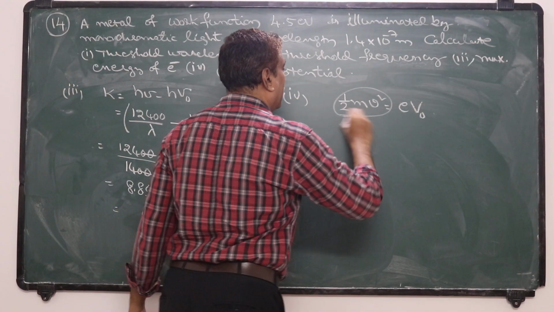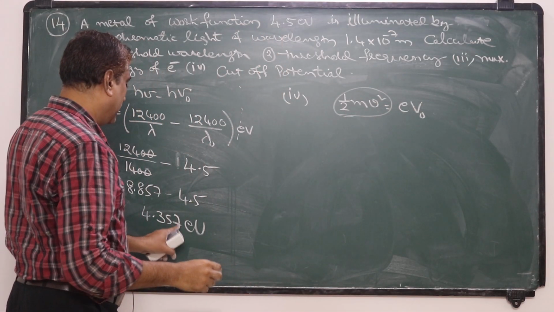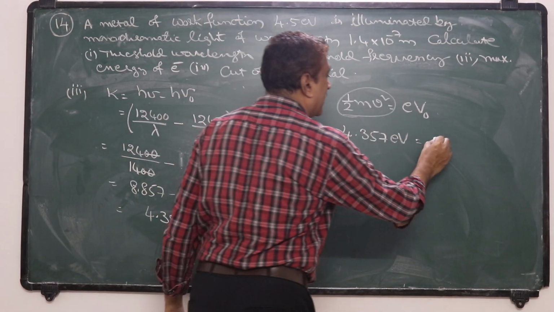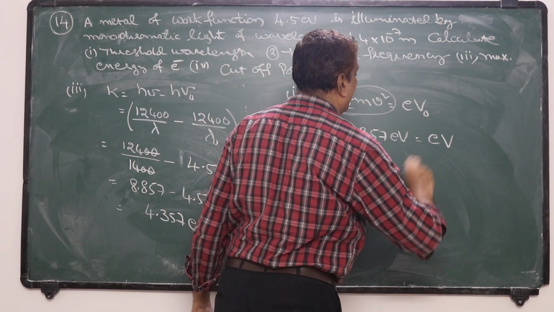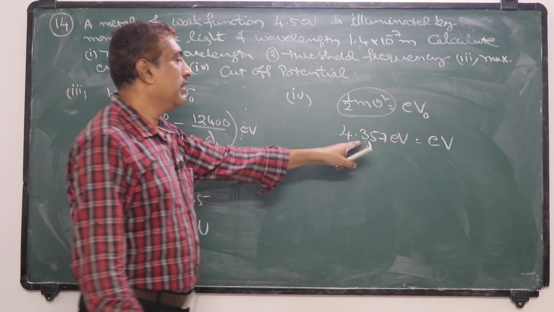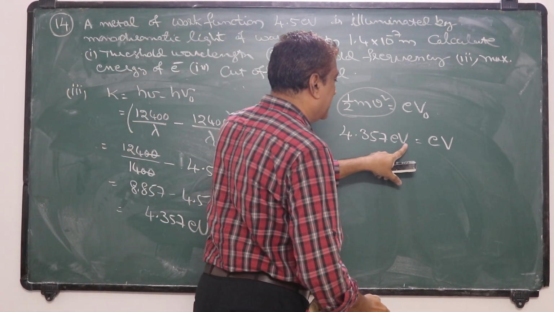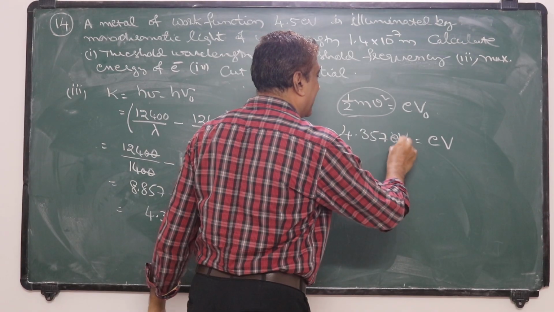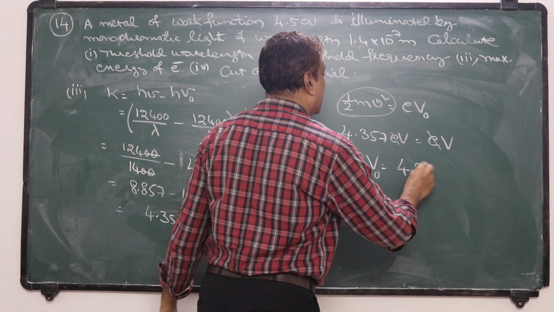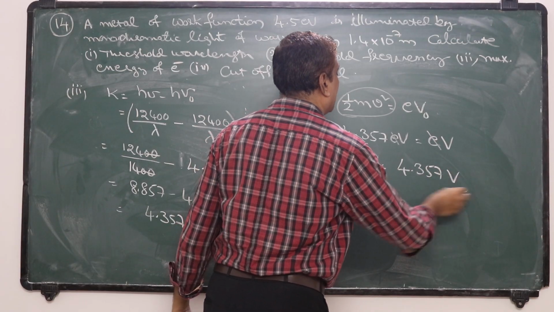So half mv square is this 4.357 electron volt. If we substitute, the electron charge cancels, so the voltage is equal to 4.357 volt.